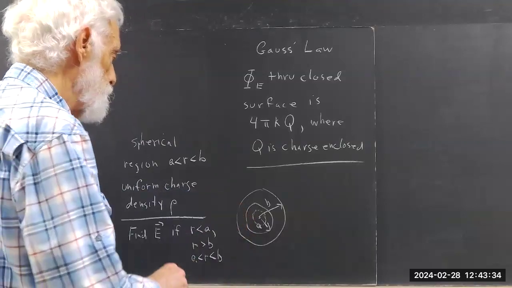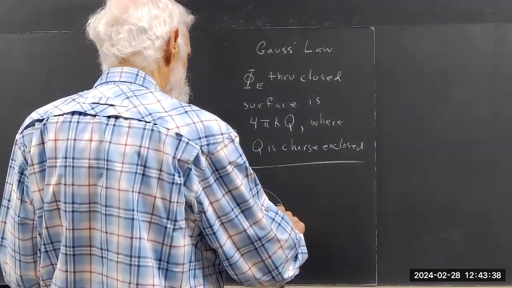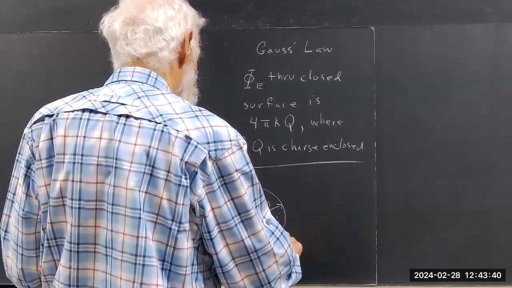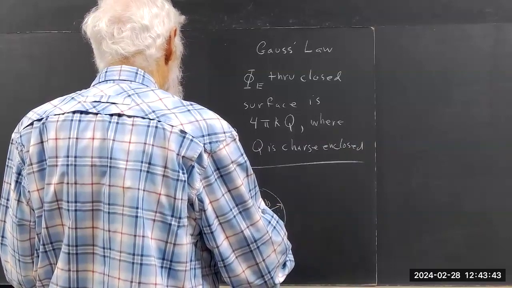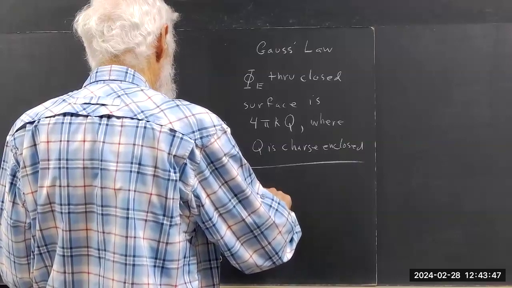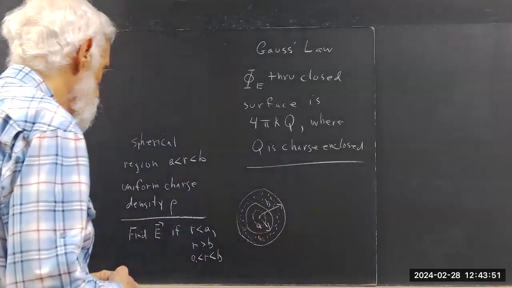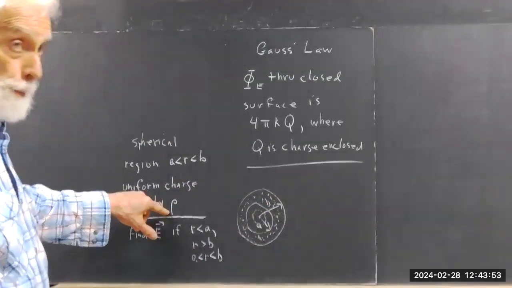Now, let's indicate charge inside here. There's a whole bunch of it, and it's really a continuous distribution with density rho.